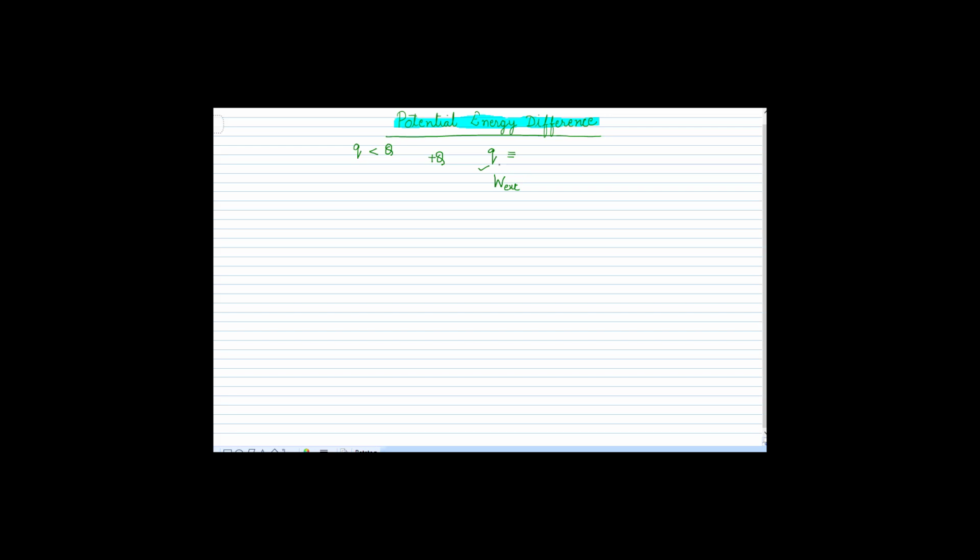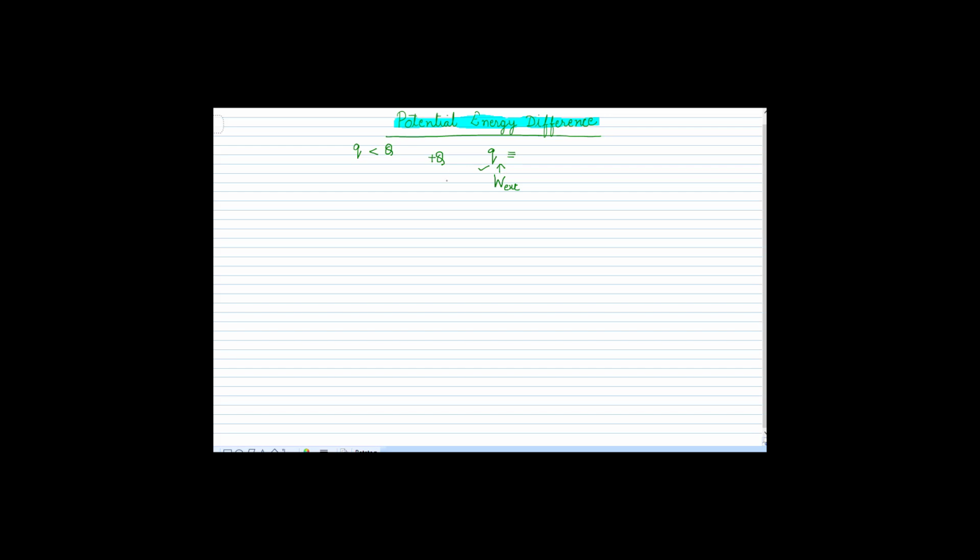Whenever some external work is done on this charge small q, then the potential energy of small q is increased by an equal amount. And this amount which is added, it is equal to the potential energy difference between two given points.